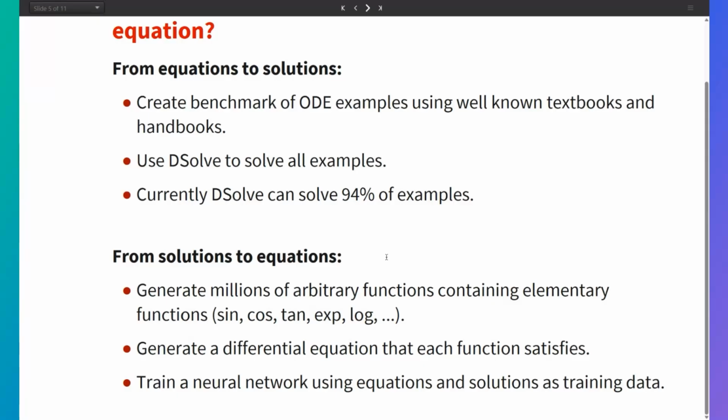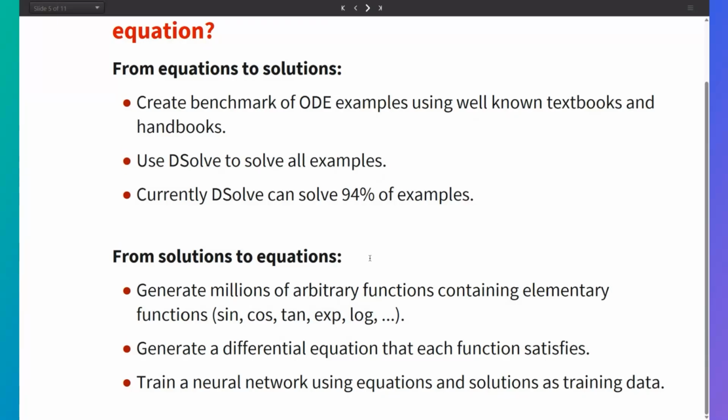And as a result, we will get millions of arbitrary functions and millions of arbitrary differential equations which have symbolic solutions. And again, we can try to use DSolve to solve these examples to see how many of them can be solved.